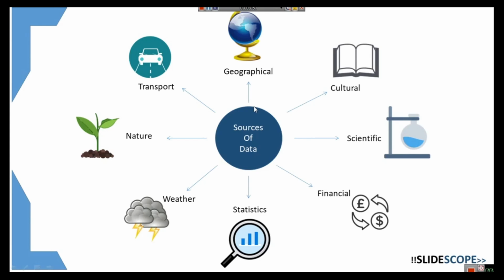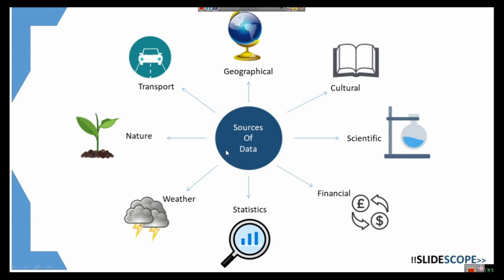Because we are discussing what is data, we must consider these sources, as these sources are the main reasons for generation of data. There are various other sources, but whatever events are happening in these fields, like geography, cultural science, finance, statistics, weather, whatever actions or events are happening in these fields, they will result in data, and we can use data collection techniques to collect that data.